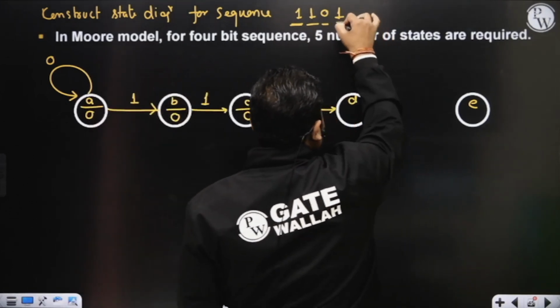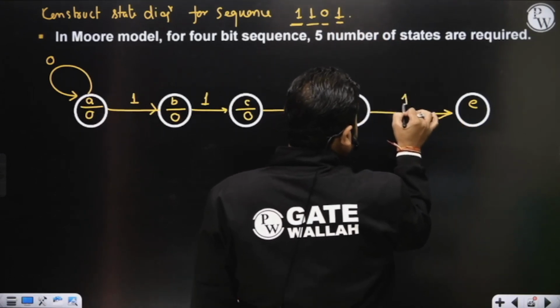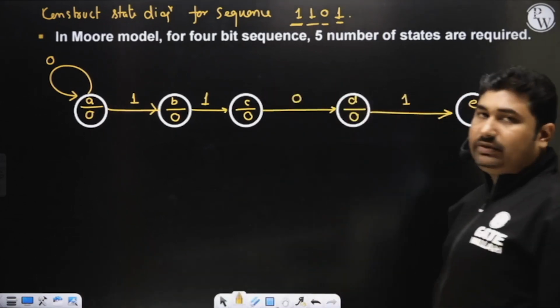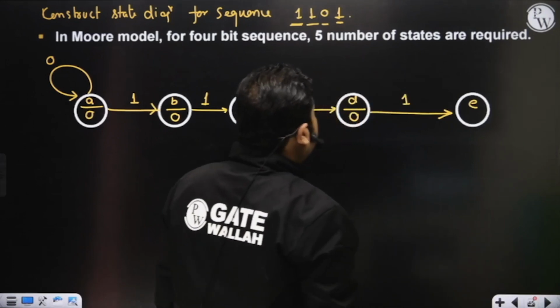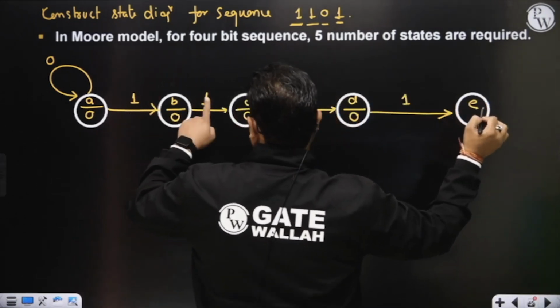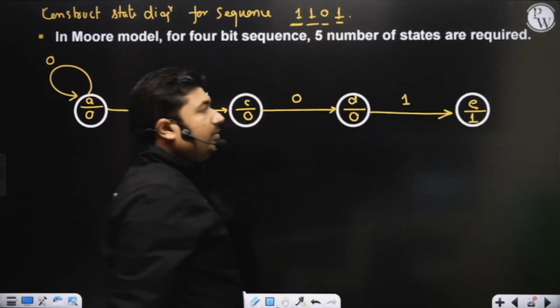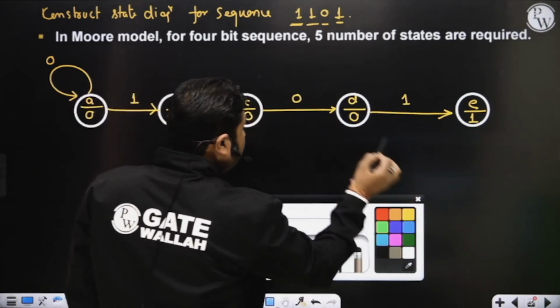Now if x is equal to 1 and you are on state D, you go to state E, and at that particular state, with 1 1 0 1, all the bits are detected, so output will become 1. Is it okay? So this is how we have to represent the Moore model.